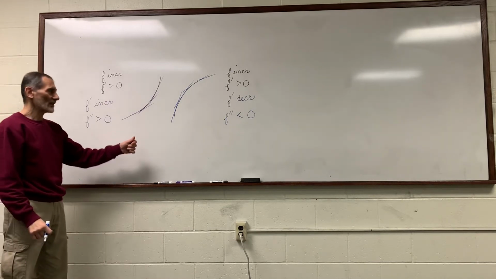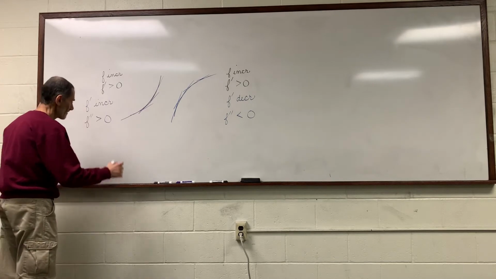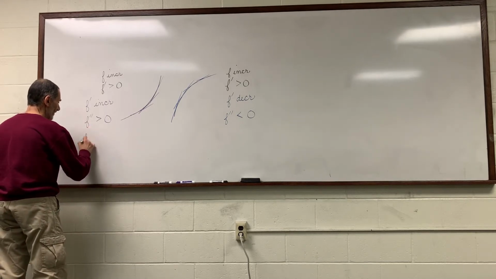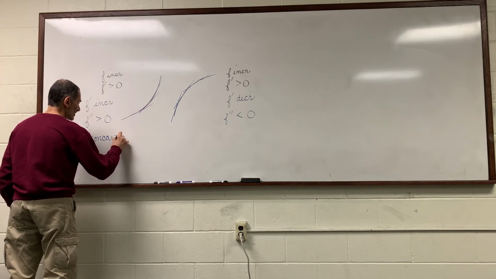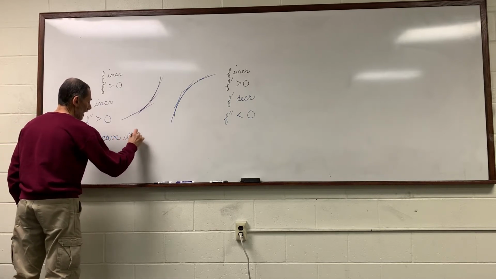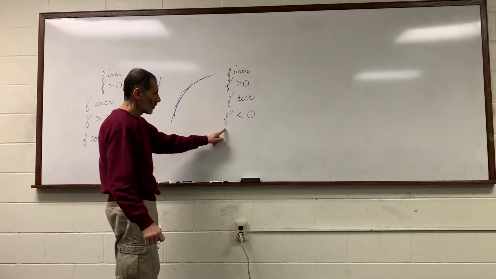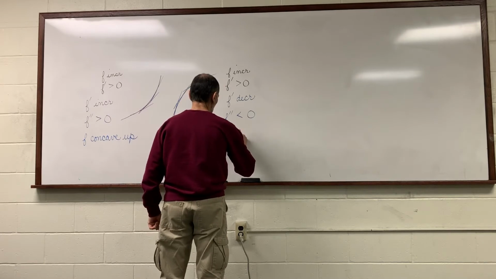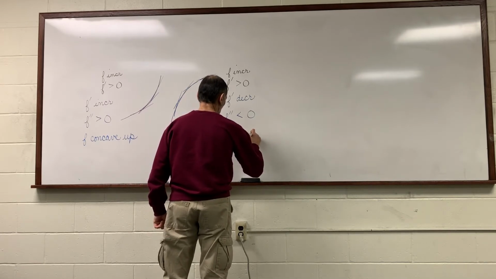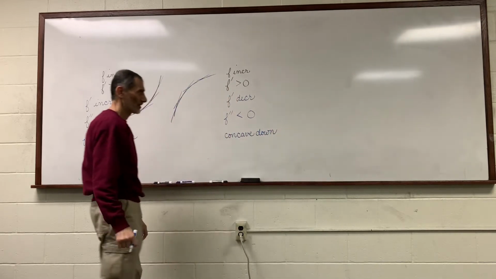We have a name for this. When the second derivative is positive, the function f is concave up. When the second derivative is negative, the function is concave down.